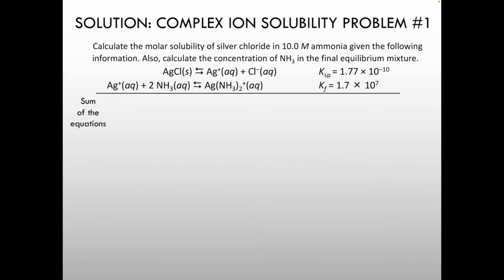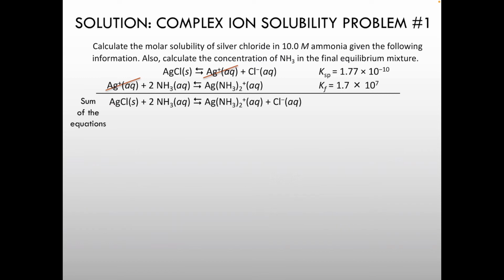So we can go ahead and add these equations up. When we do, the silver ions will cancel out because one shows up on the left and one shows up on the right. And so we can see the ammonia directly reacting with our solid to produce the complex ion, cutting out the middleman of the silver ion. But now that we have combined these equations, we need a new K value that takes into account both of these.